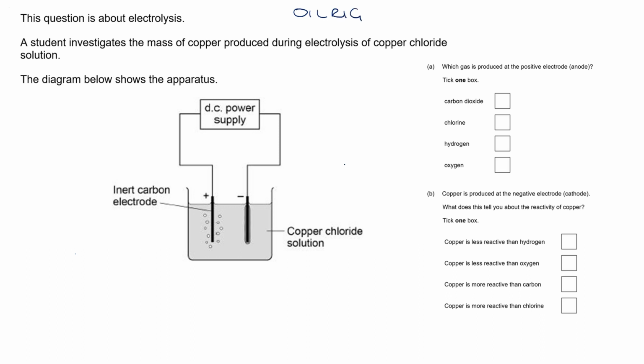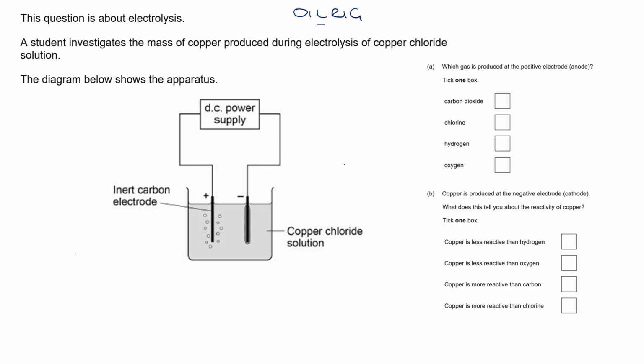OIL RIG stood for oxidation is loss of electrons, reduction is gain of electrons. And that's how we explain how ions are restored to atoms during electrolysis.